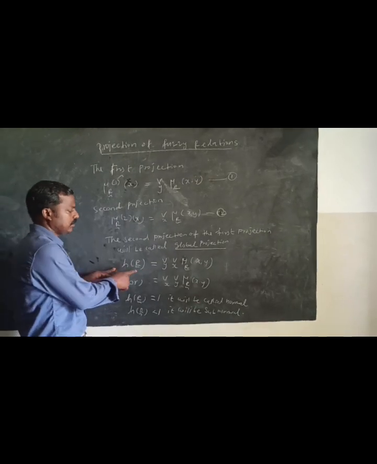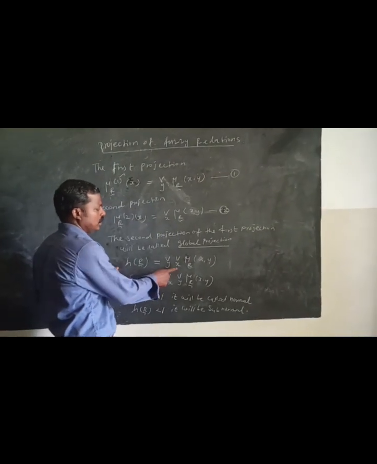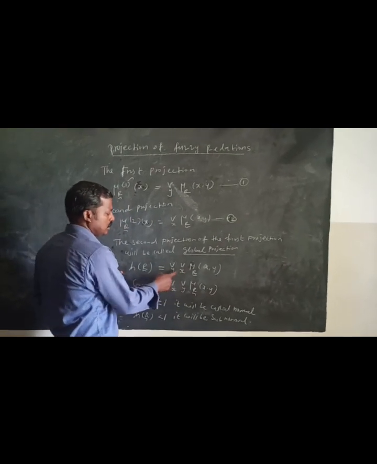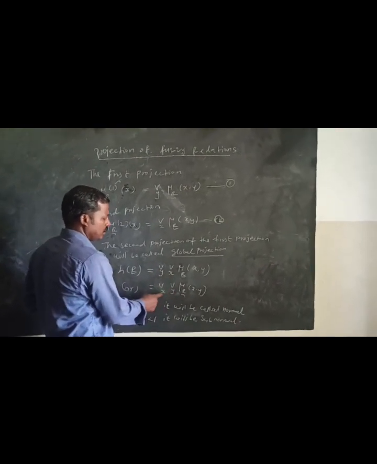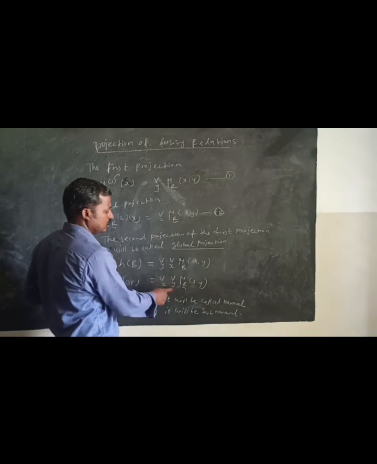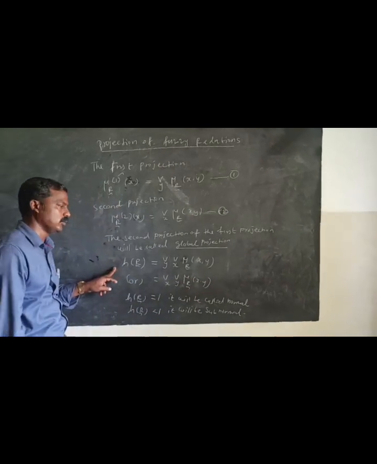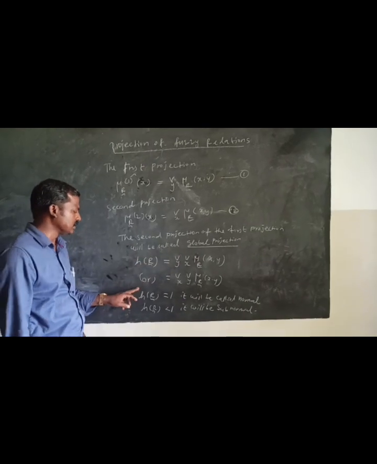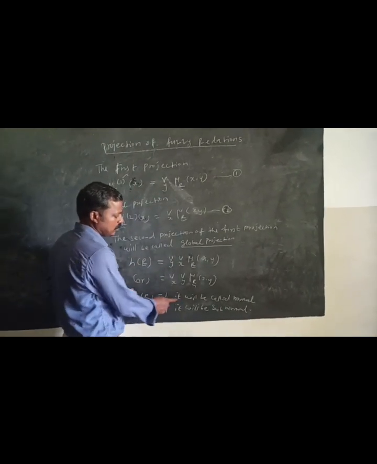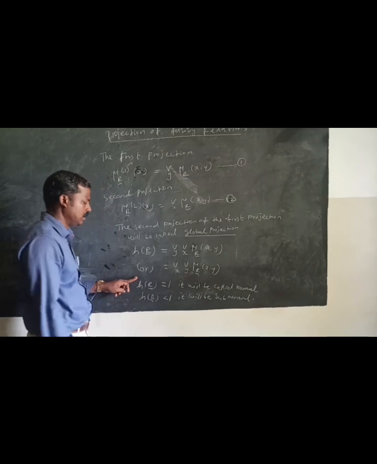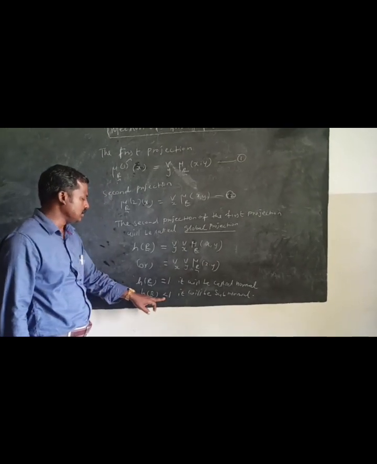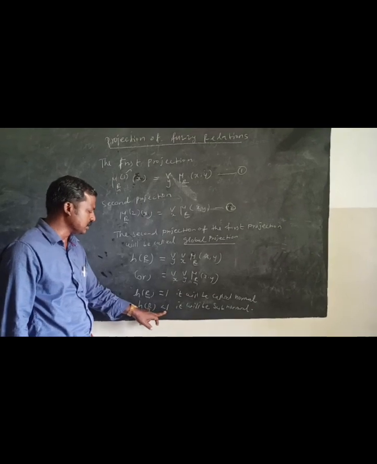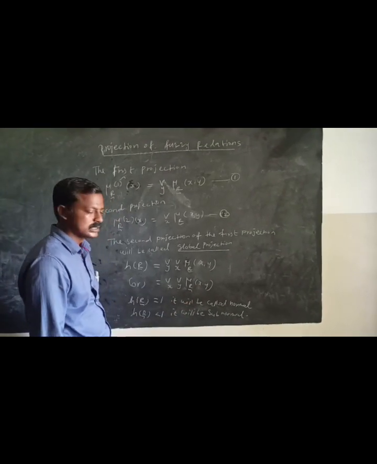The global projection H(R) is union over y and union over x of μ_R(x, y), or, interchanging the variables x and y, union over x and union over y of μ_R(x, y). If the value of H(R) is 1, it is called normal, and if it is less than 1, it is called subnormal.